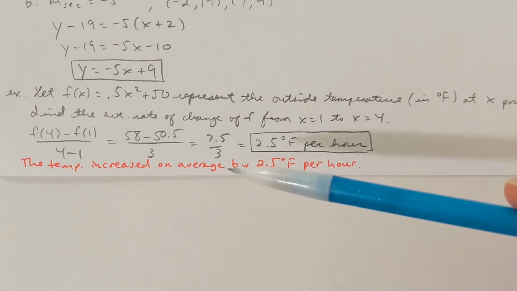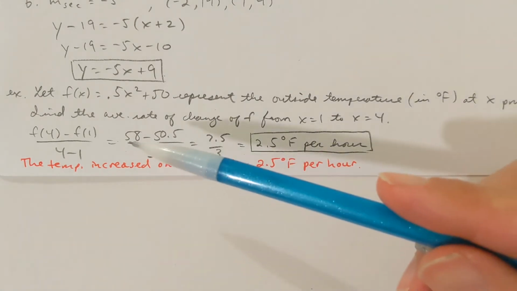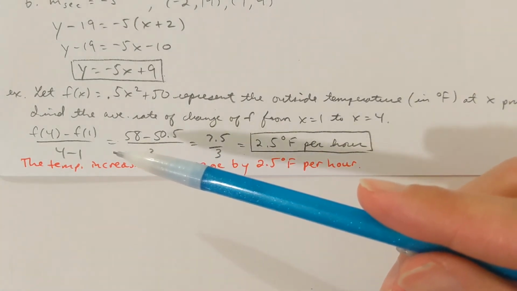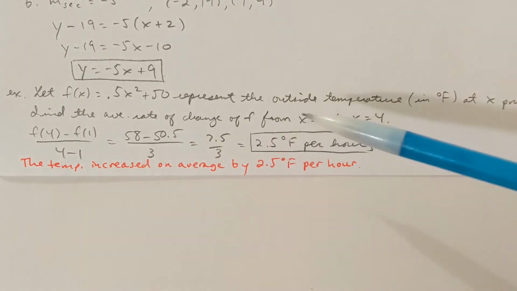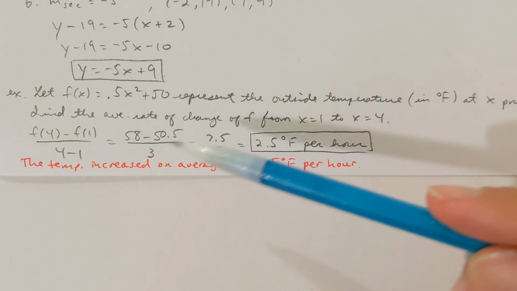So the average rate of change is f of b minus f of a over b minus a. I want to find this from a equals 1 to b equals 4.